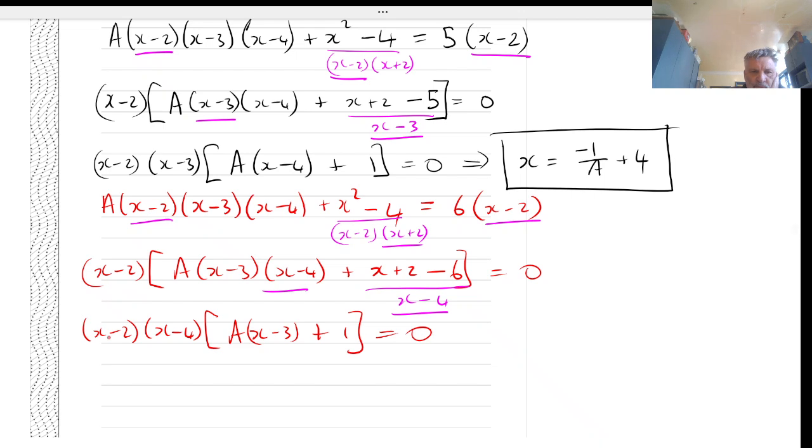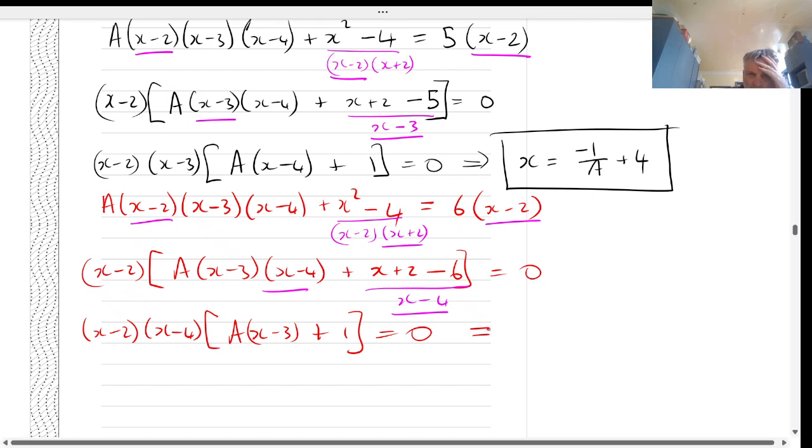And again, these two, 2 and 4, are the x coordinates of points A and C. So what we're interested in is x equal to minus 1 again, divide by a again, add 3 this time.